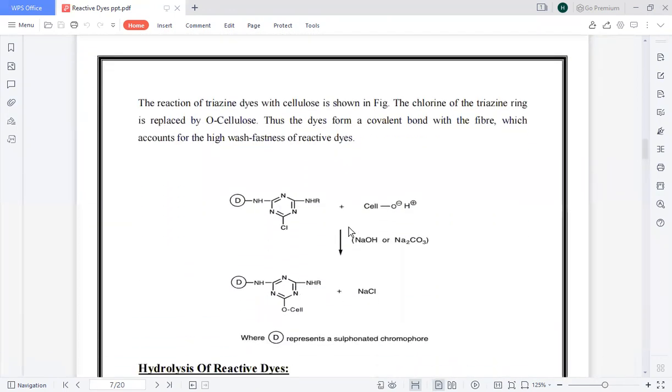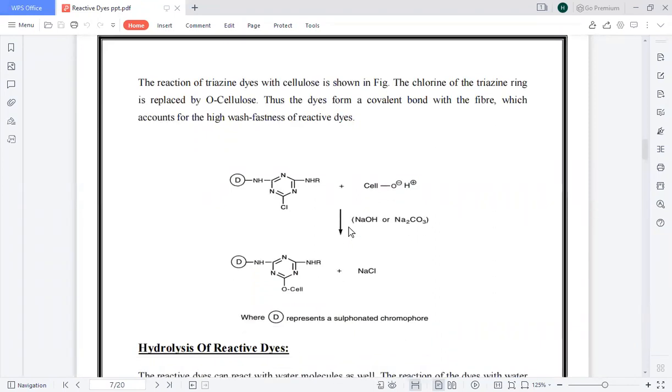So the reaction of triazine dyes with cellulose is shown in the next diagram. The chlorine of the triazine ring is replaced by the cellulosate ion. Thus, the dyes form a covalent bond with the fiber, which accounts for the high wash fastness of reactive dyes.